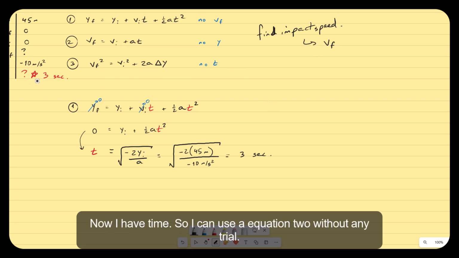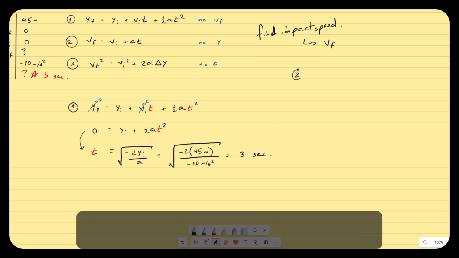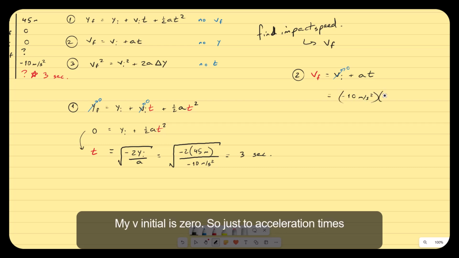Now I have the time, so I can use equation 2 without any trouble. Equation 2 says v final is going to be v initial plus a t. My v initial is 0. So just acceleration times time.